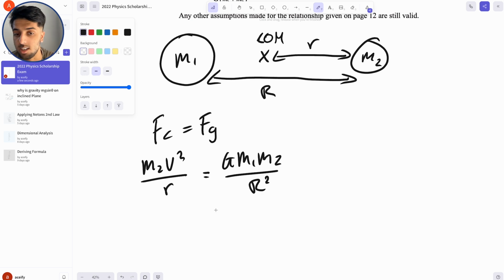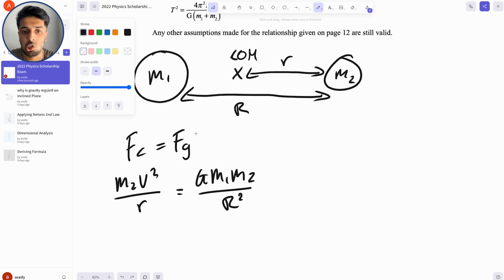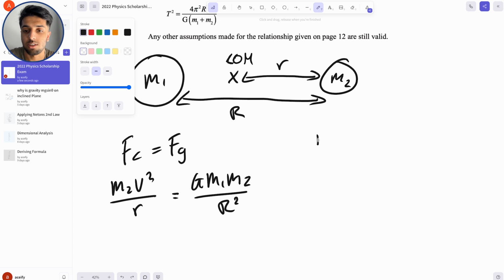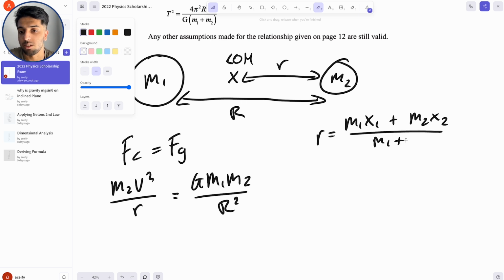Now, in this case, it's R squared because the gravitational force is proportional to the product of the two masses divided by the distance between the centers of mass of the two masses. So that is distance R right there. We can get the value of r using this equation here, m1x1 plus m2x2 all over m1 plus m2.